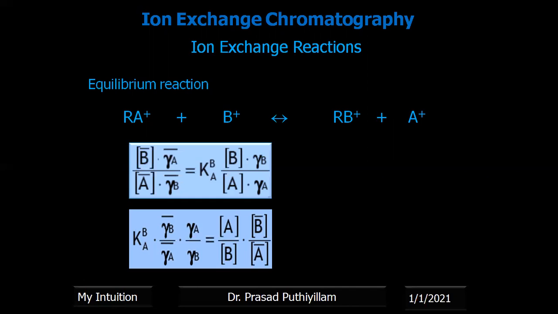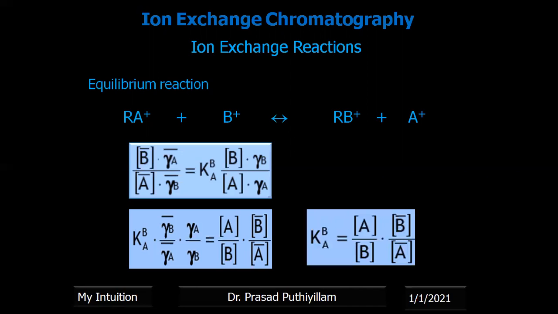If you consider the activity coefficient, the gamma term, as a constant, then we can simplify this expression as K_BA equal to concentration of A upon concentration of B into concentration of B bar upon concentration of A bar.